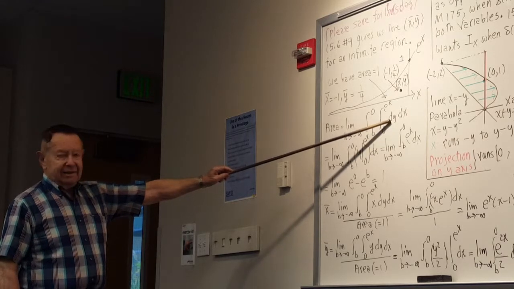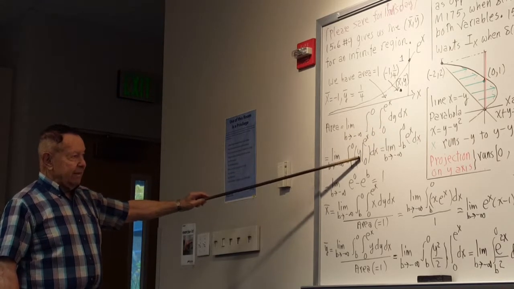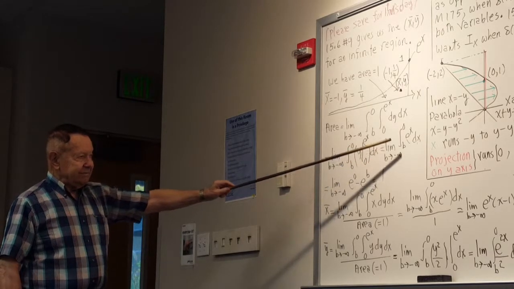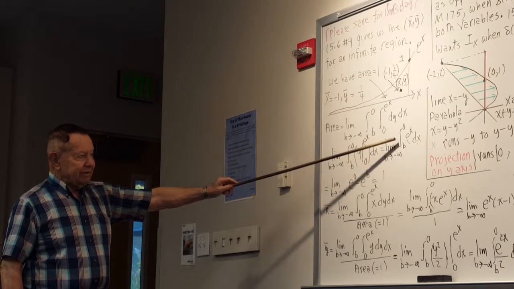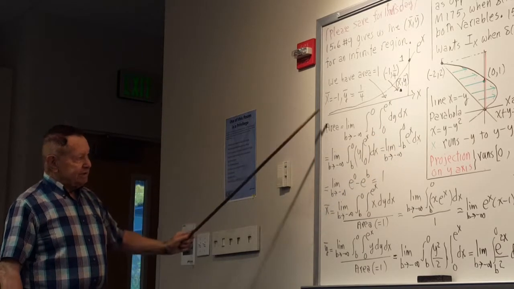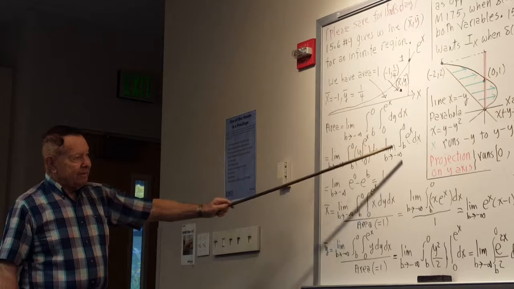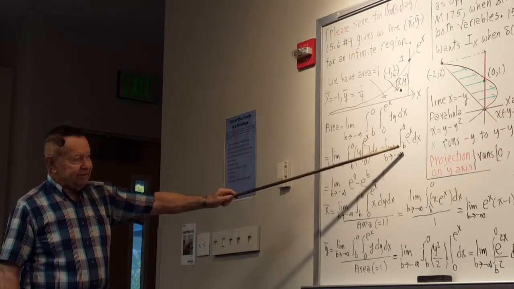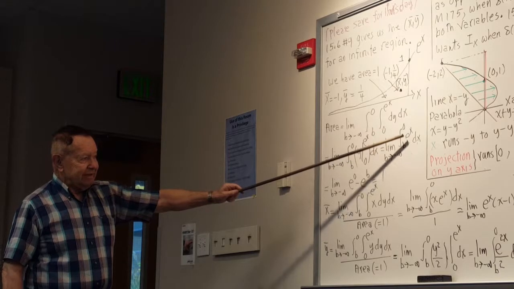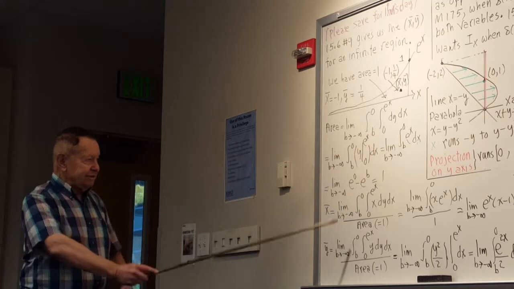So you integrate dy and you have y, from 0 to e to the x. So then your integral to get the area would be the limit, because it's improper, as b goes to minus infinity, of the integral from b to 0 of e to the x dx. Okay, your integral is e to the x.